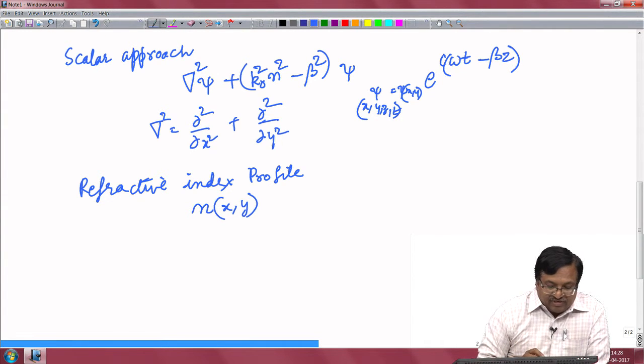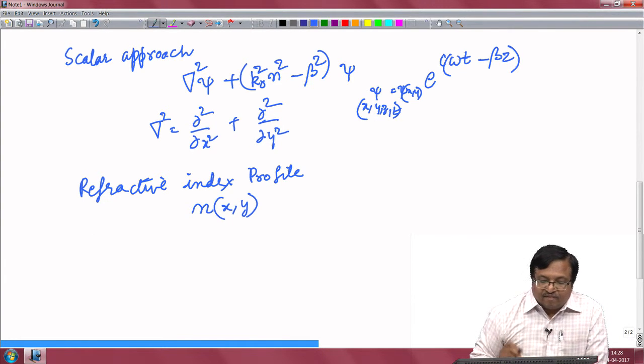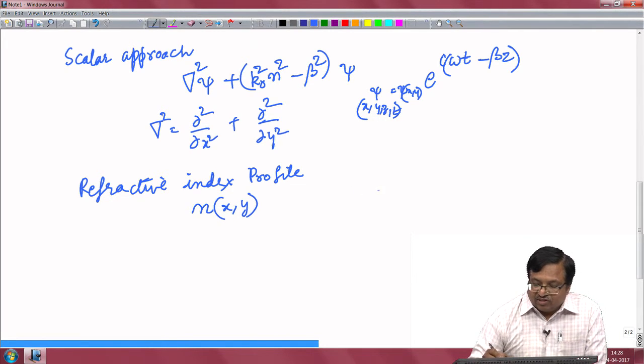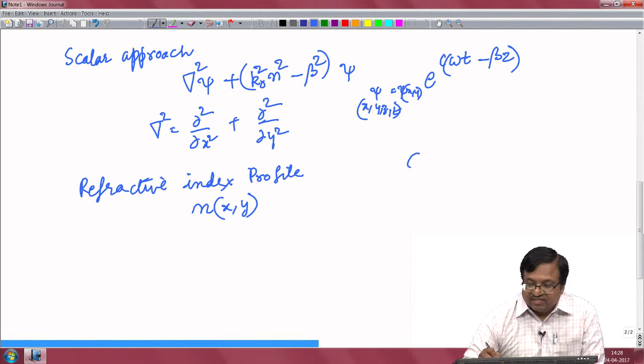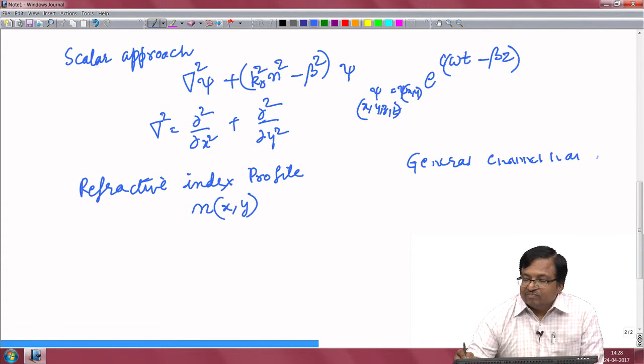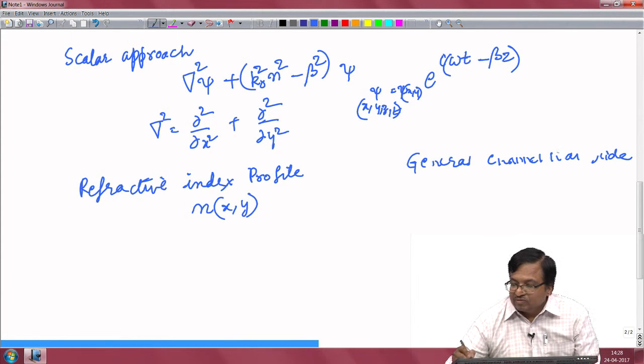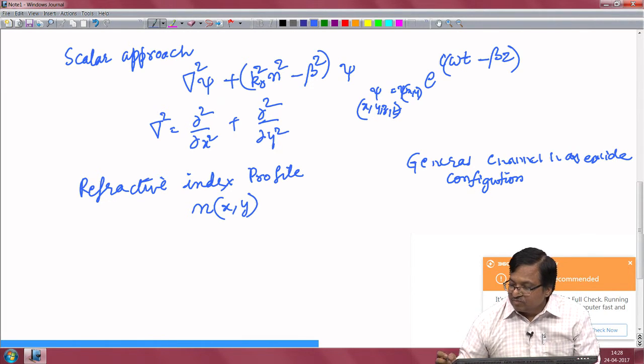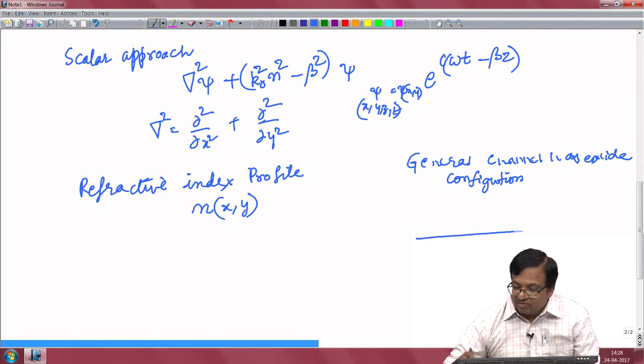So, let us look at a very generic channel waveguide which can represent almost all types of channel waveguide. Of course, we will assume the refractive index profile to be constant in each of these regions. Let me draw a typical general channel waveguide configuration. It will look like this.